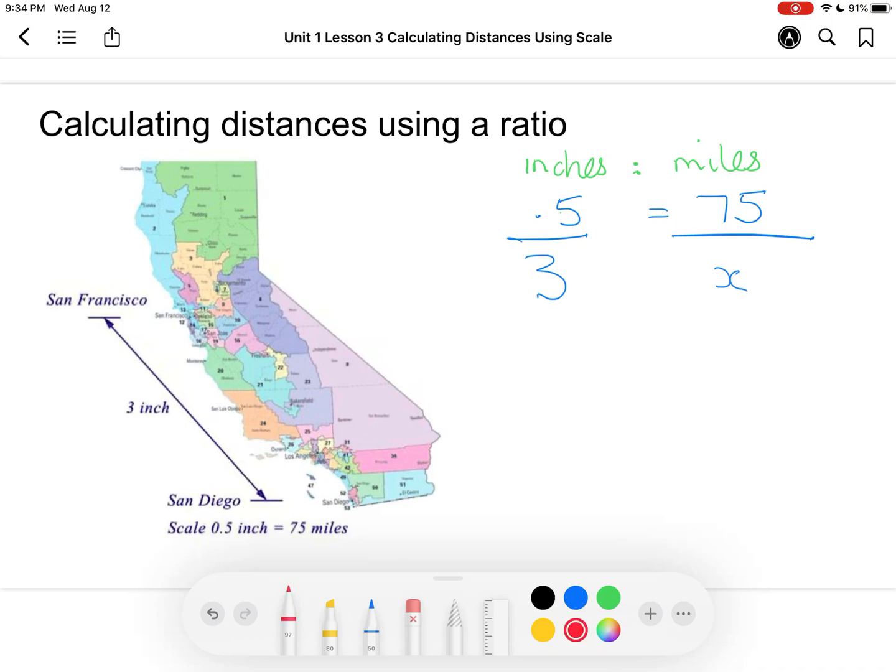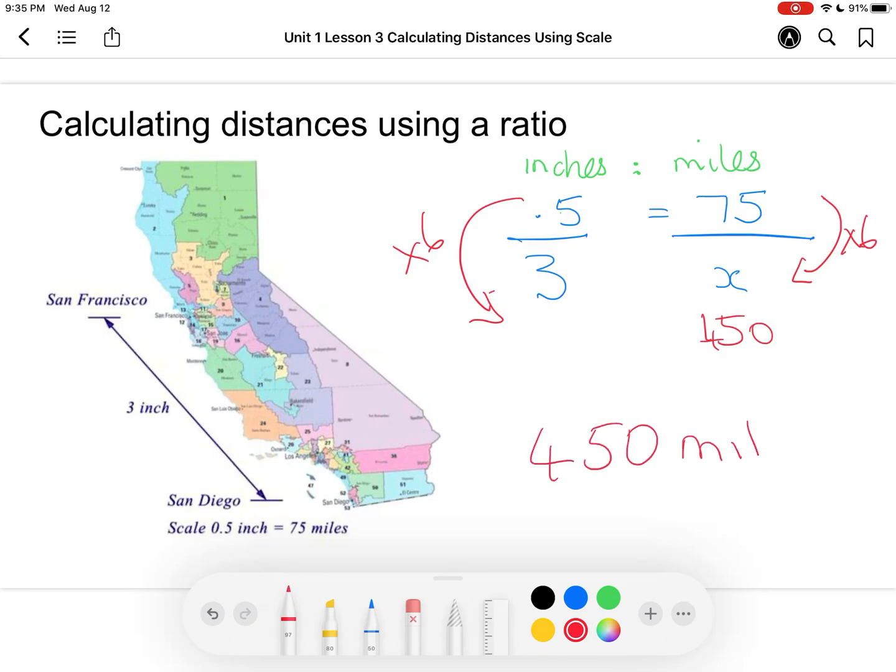So again, I will look at what 0.5 is multiplied by to give me 3, or how many halves are there in 3? And there are 6 halves in 3, so that's multiplied by 6. So I'm going to multiply 75 by 6, and 6 times 75 is 450. So 450, and again, miles.